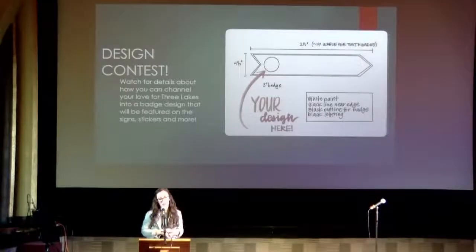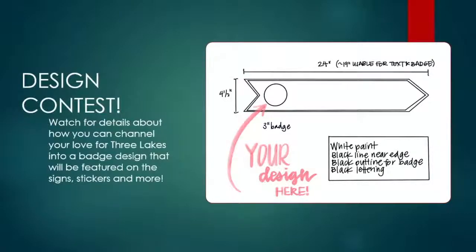In addition to that, in the next few weeks, you'll be starting to see publicity about a design contest. When the signs go up this summer, there will be an empty circle, a space for a badge, and we are going to be holding a design contest that will be advertised in the school, through the Center for the Arts, and out to the general population.